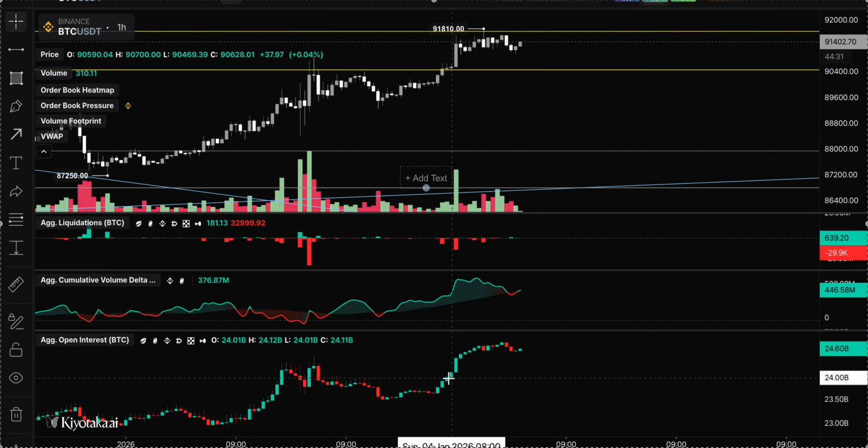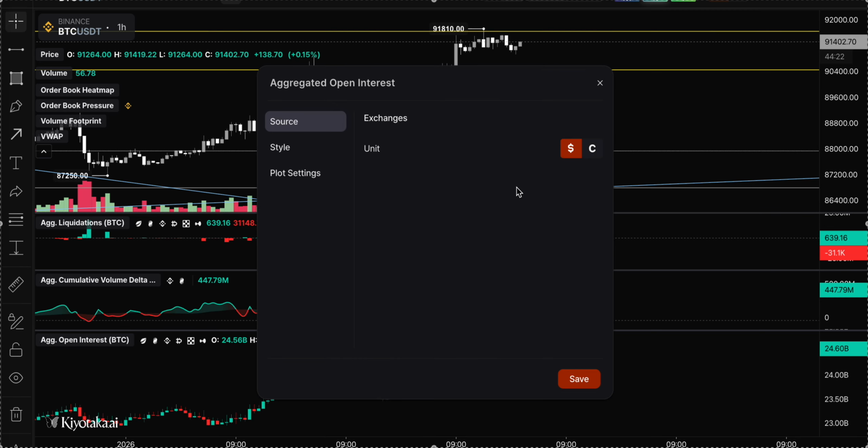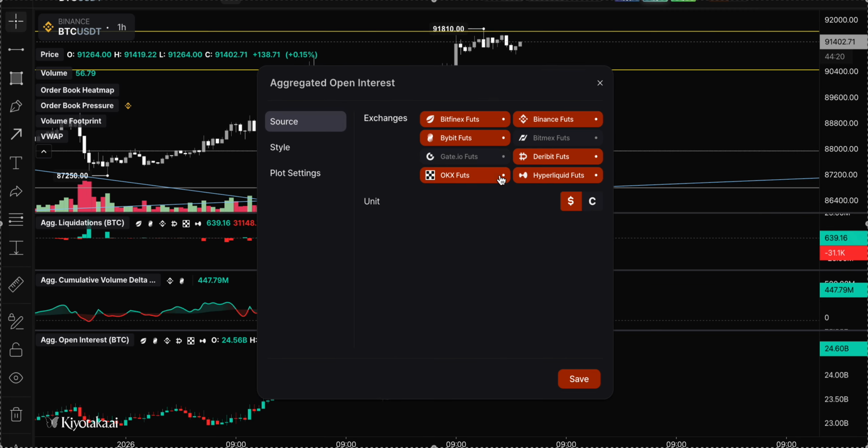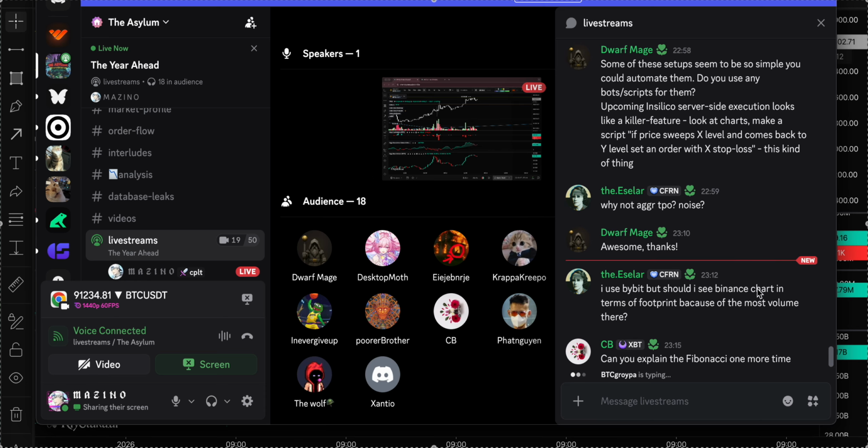Open interest is the same. Of course, I'm charting spot, so I need aggregate open interest from other exchanges. Actually, we can include these ones here for the open interest.